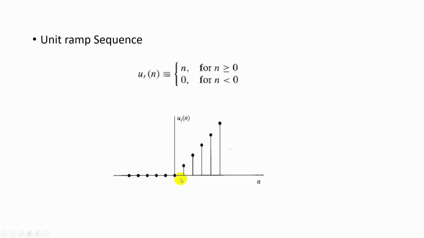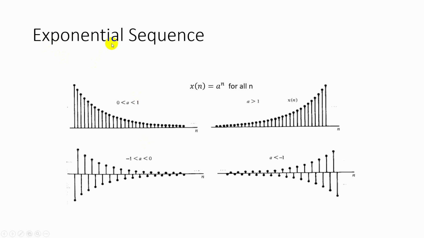Meaning, when n increases, ur of n also increases. When n is less than 0, it is equal to 0. Next is the exponential sequence, where x of n is equal to a power n for all values of n. The signal increases or decreases exponentially with respect to the value of a.